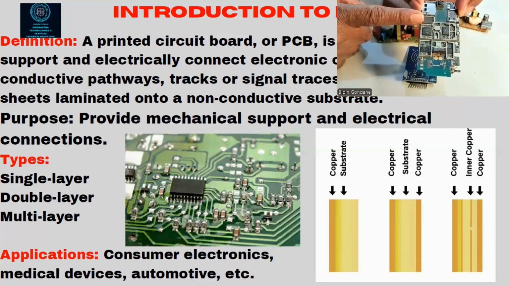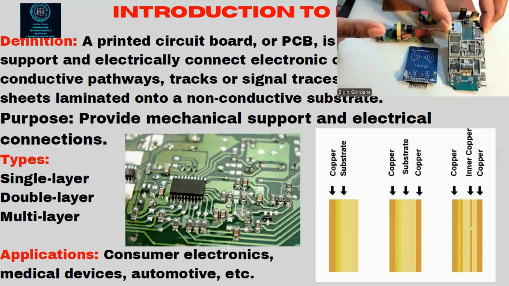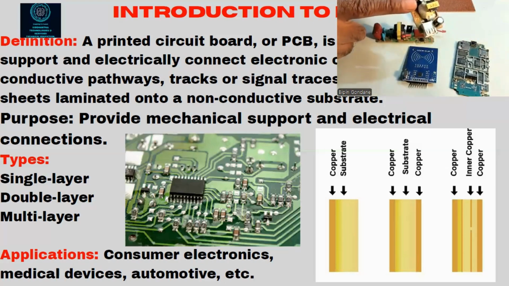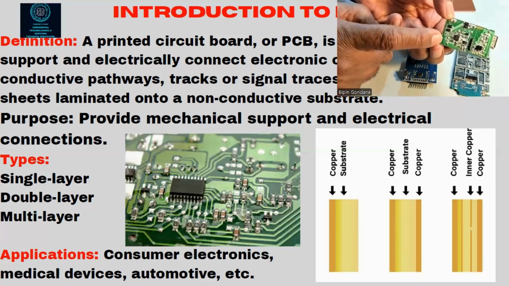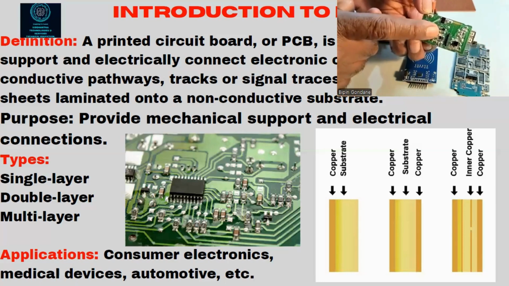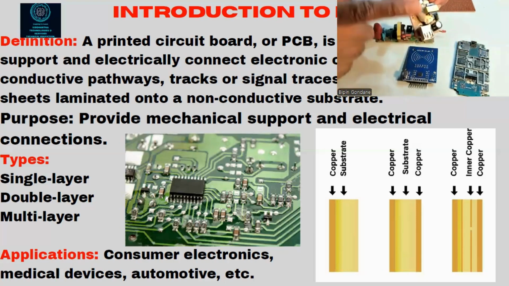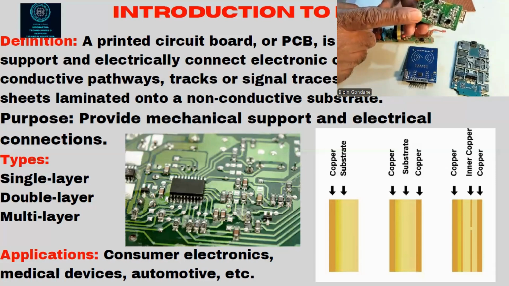The mobile phone PCB is a multi-layer, not even double layer. It is multi-layer. Double layer means what? Component on this side, component on this side. Like you can see the components on this side also. The components are soldered on this side, and the components are on this side also. So if you have components and soldering on both sides, we call it double-sided.